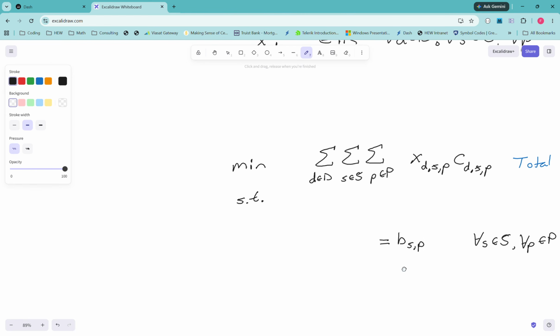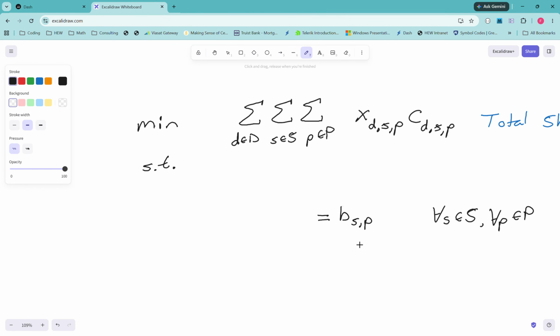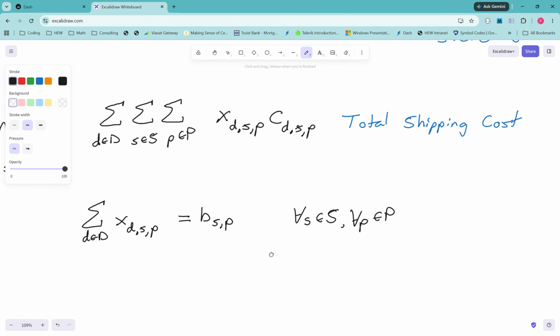So to write that out down here, we would say again, I'm summing across all the distribution centers, and I am summing the decision variables. And that would be our constraint.